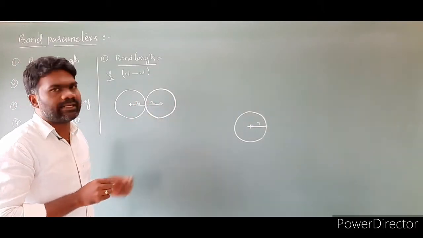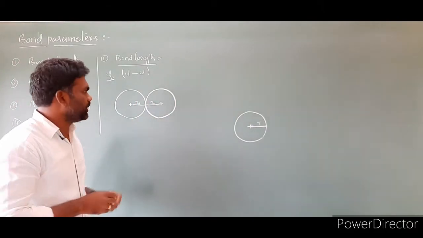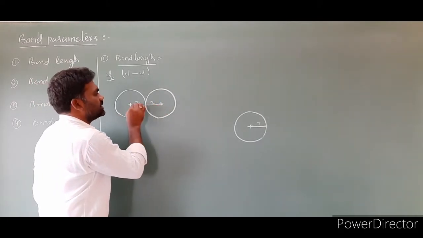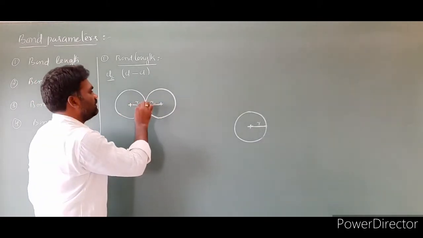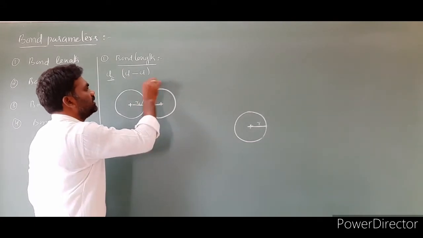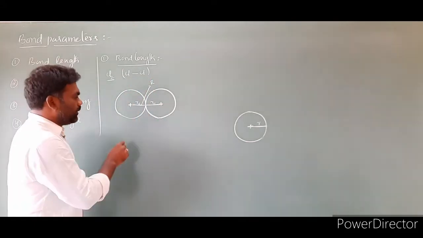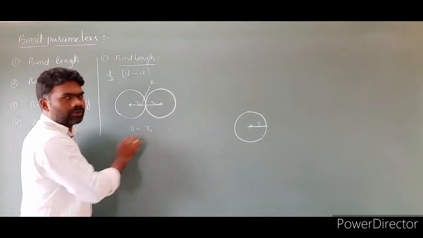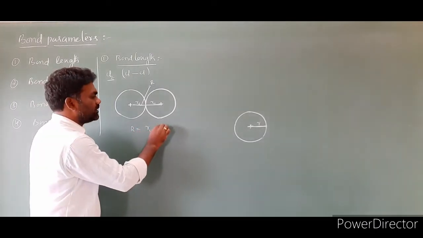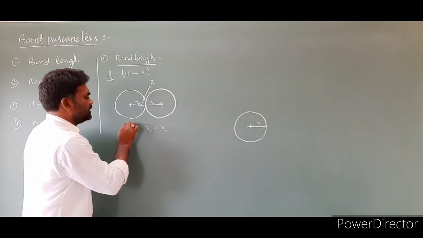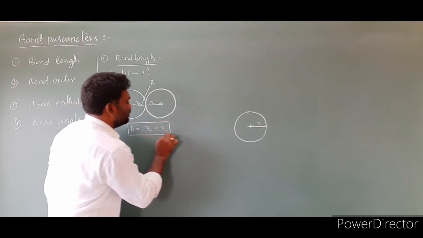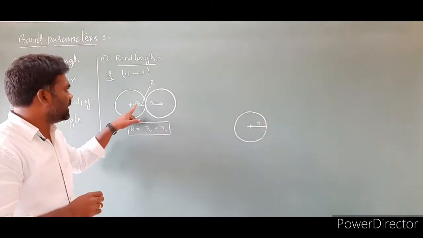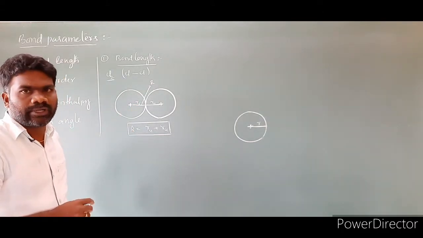The total distance from this nucleus to this nucleus I am labeling as R. So the total distance R is equal to the radius of one chlorine plus the radius of the other chlorine. This is the bond length.